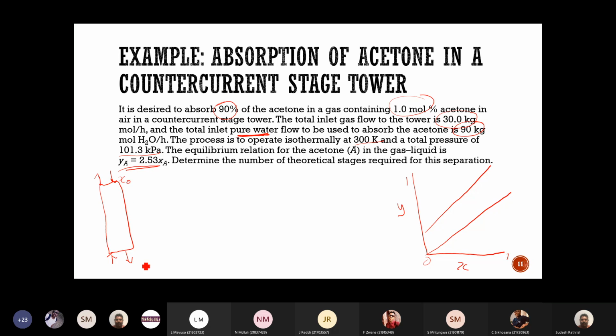Coming out here will be Xn, because it's n number of stages, not one stage. Going up here will be Yn plus 1, and coming out on the top will be Y1.